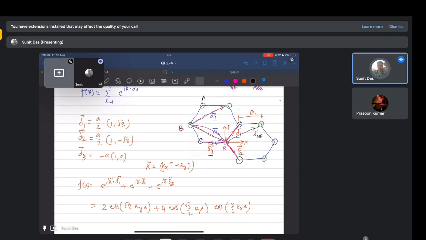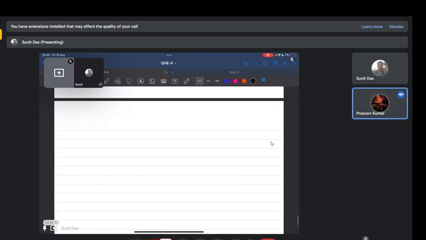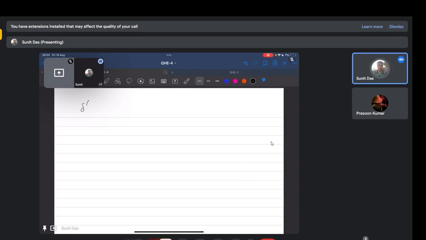Maybe this one is delta 1, and this one is another one, and similarly there will be one somewhere here. These deltas you can just find and match. I'll write them with a prime, the next nearest neighbor hopping vectors.